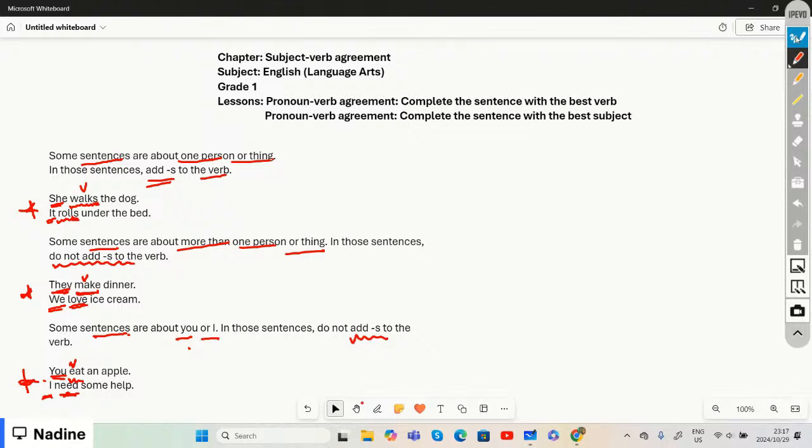And if in our sentence we refer to more than one person doing an action, then we do not add an s to our verb. If we are referring to you doing something or I doing something, then our verb does not end with an s.